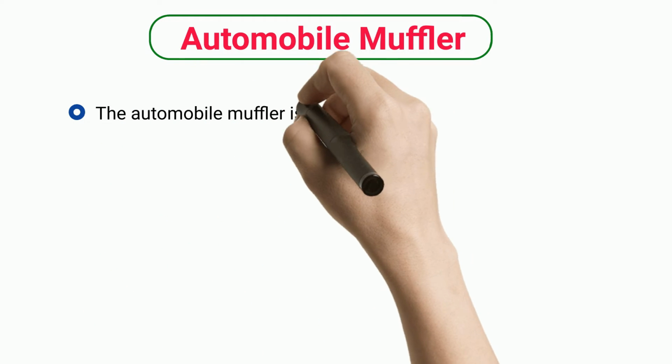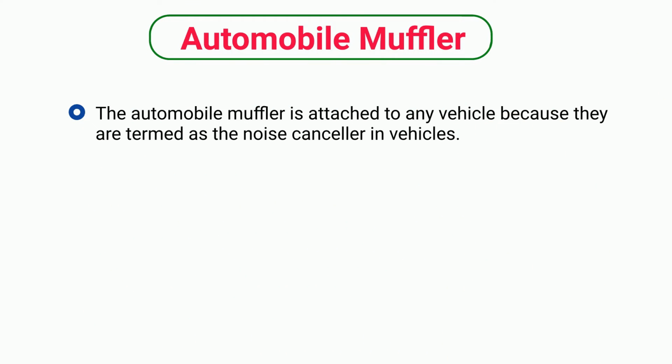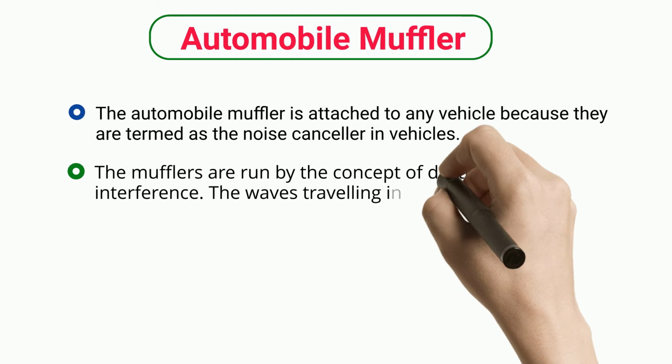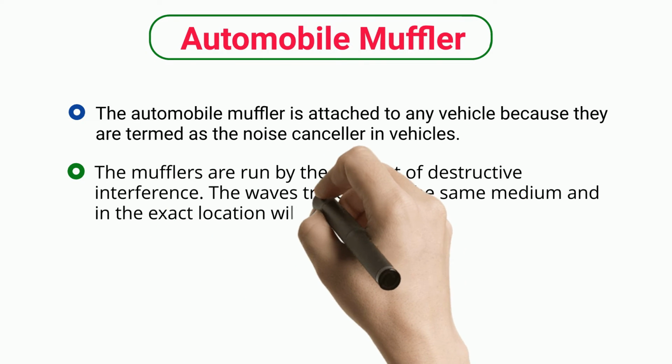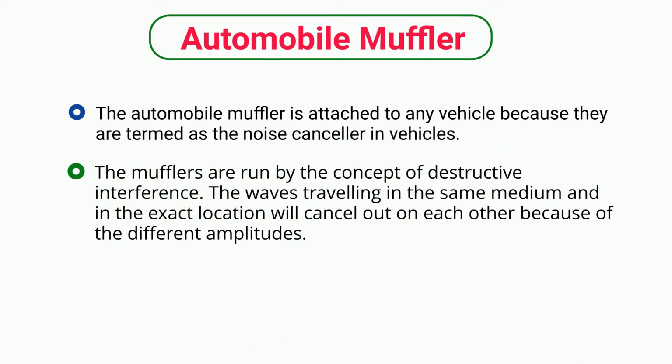Automobile muffler. The automobile muffler is attached to any vehicle because it is termed the noise canceller in vehicles. The mufflers are run by the concept of destructive interference. The waves traveling in the same medium and in the exact location will cancel out each other because of the different amplitudes.